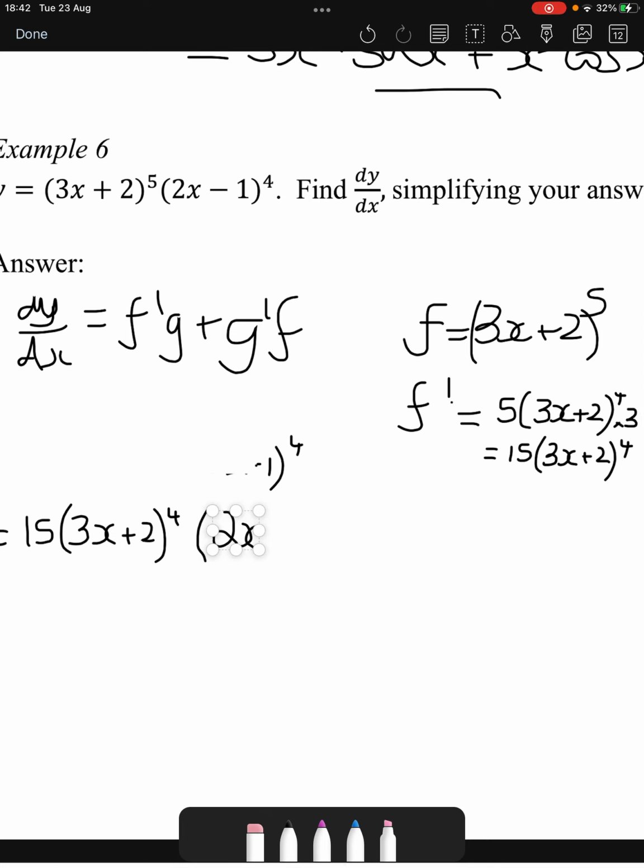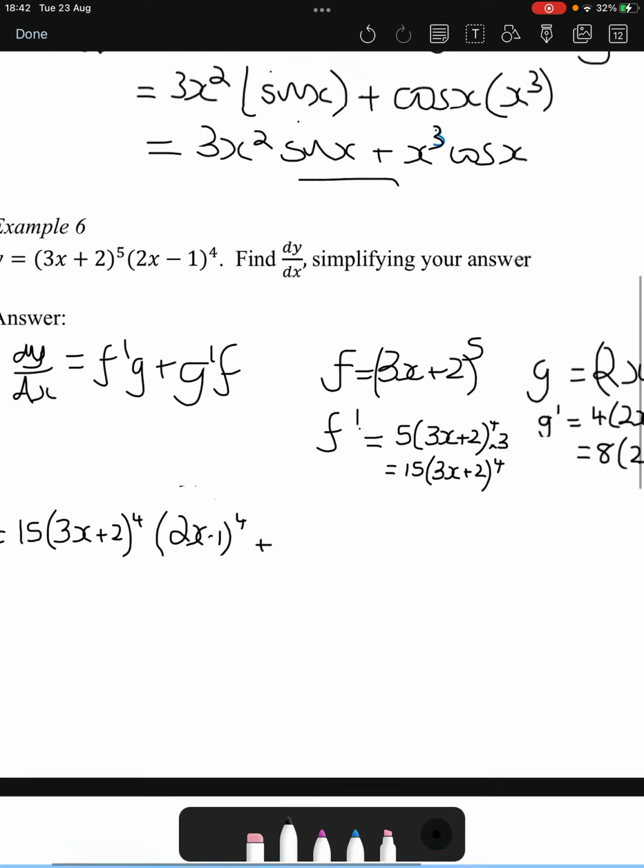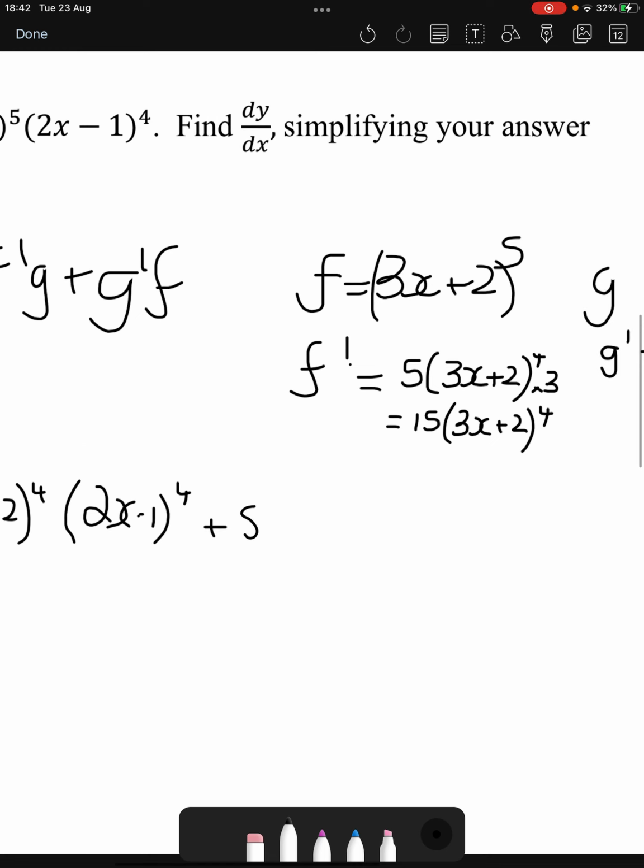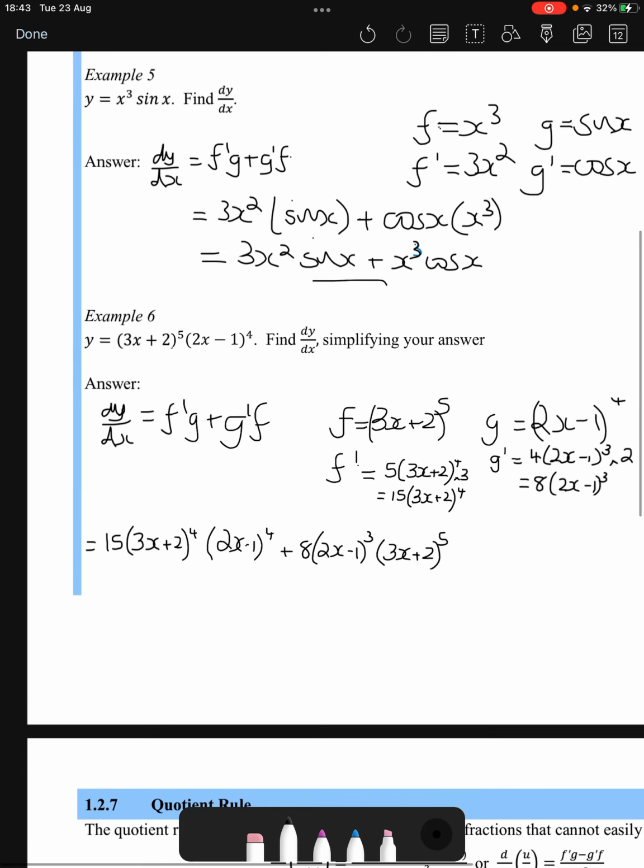Plus G dashed, 8 (2x minus 1) cubed, times F. Okay, so we have this.